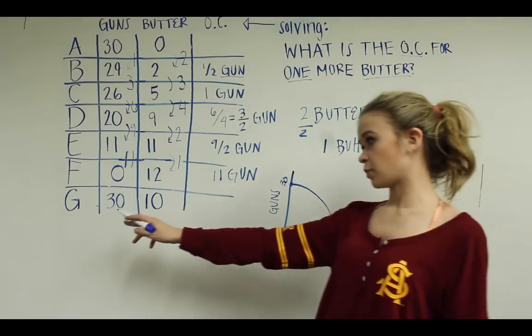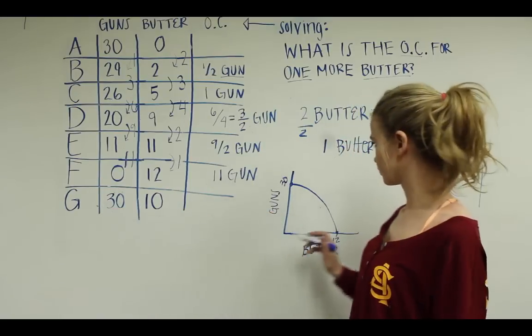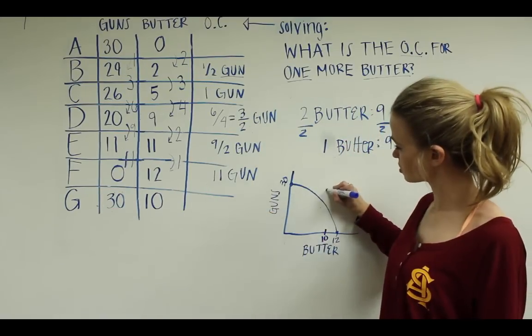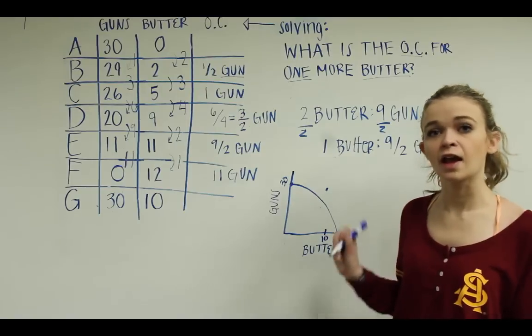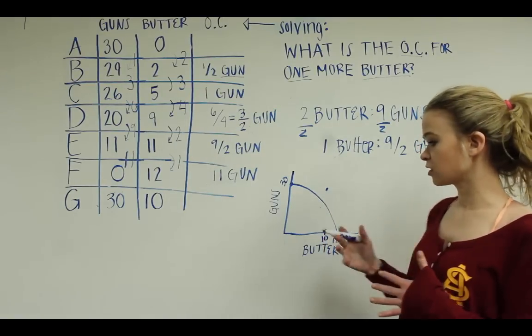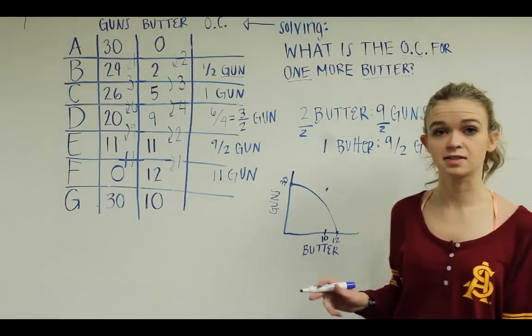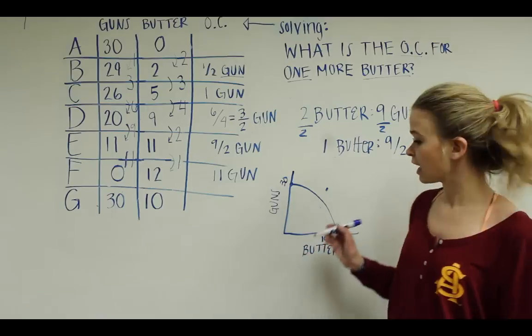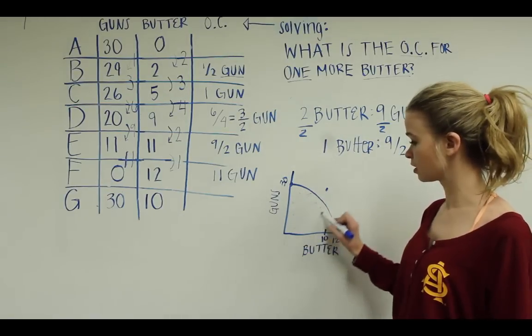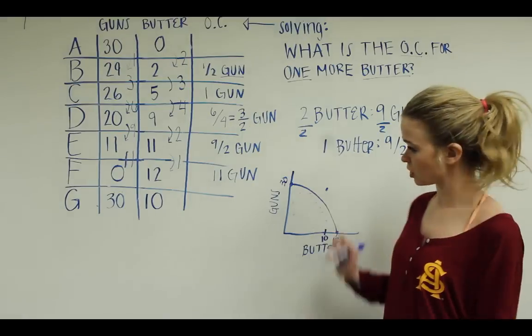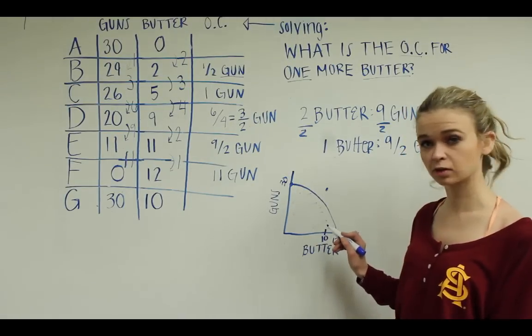And now I'm going to try to plot point G. 30 and 10 it says, which puts us somewhere over here. Now, the idea of production possibility curves is that anything on this line is considered efficient. Anything inside is possible, we have the resources, but it's not efficient because we could be making more.